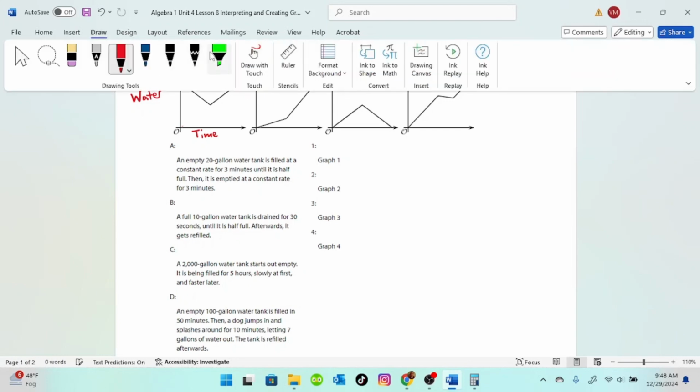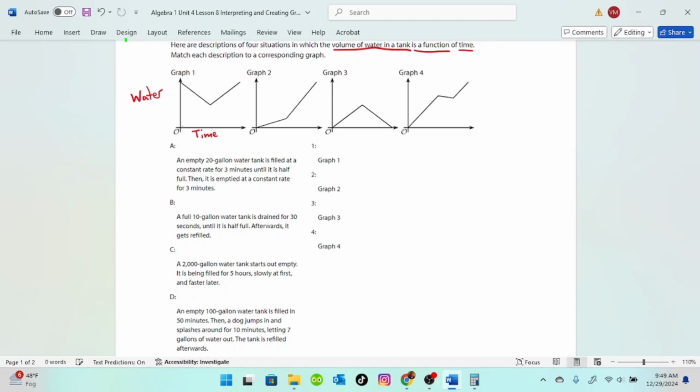So, first description says, an empty 20-gallon tank is filled at a constant rate for 3 minutes until it is half full. Then it is emptied at a constant rate for 3 minutes. So I need to start empty. So that means it's either 2, 3, or 4.